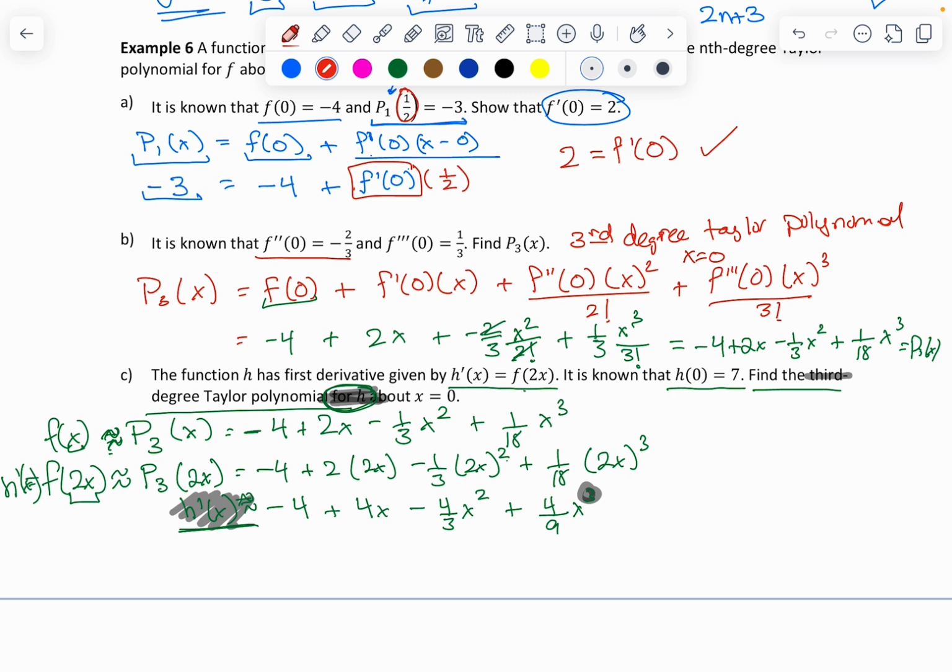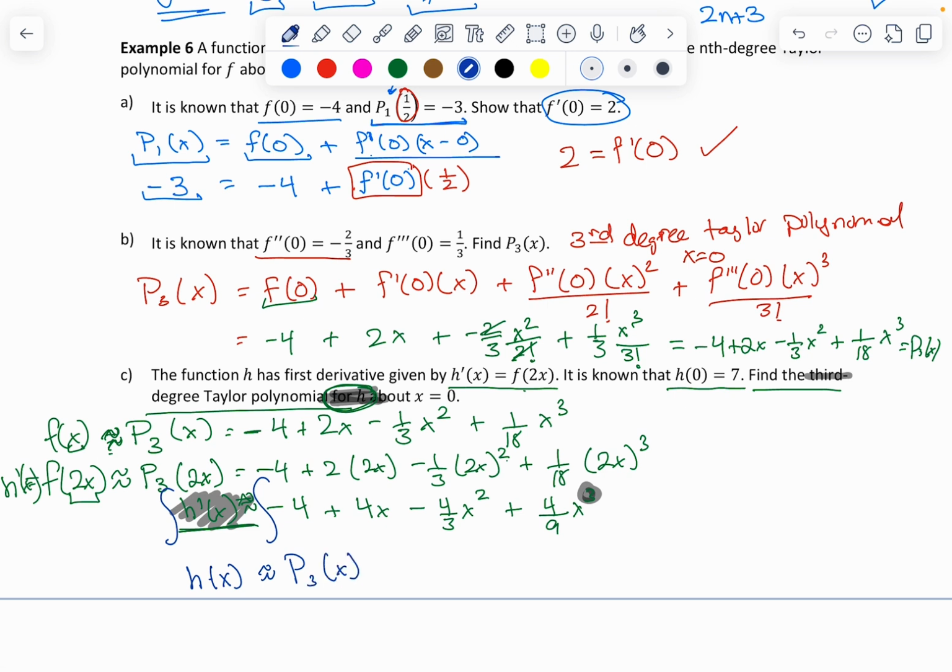So in order to figure out h, we need to integrate. Okay? And when you integrate h prime of x, you've got h of x. And that is going to be approximated with p3 of x.